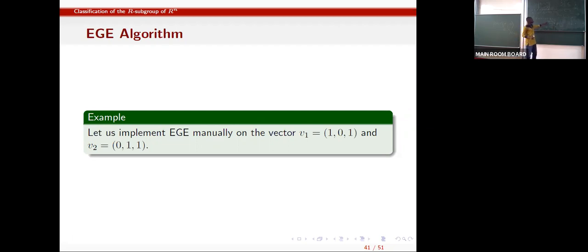Y1 is a row which contains (1, 0, 0), Y2 is (0, 1, 0), and phi is (0, 0, 1). So finally, we get that the gen of V1, V2 is equal to R3. That's the result.